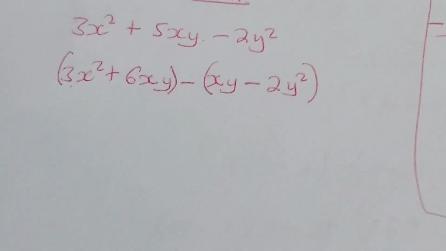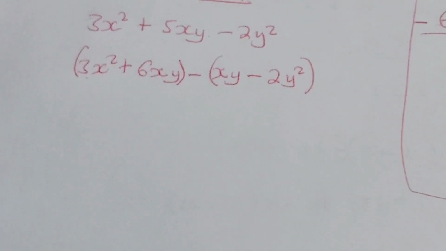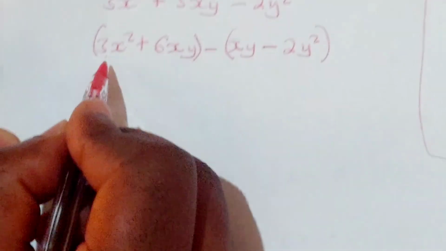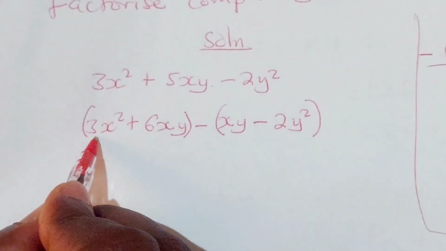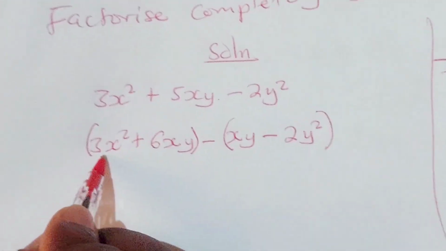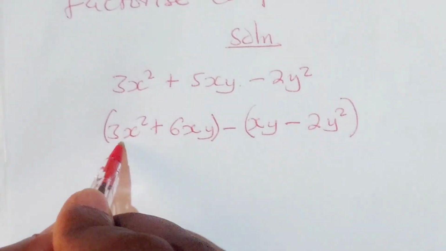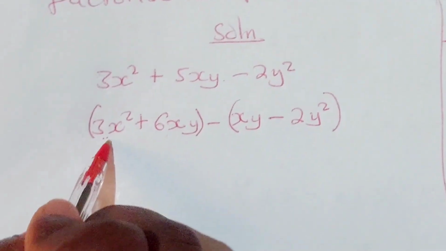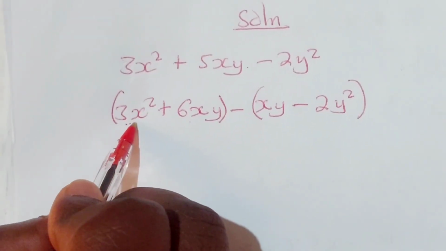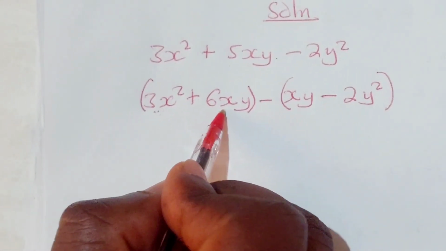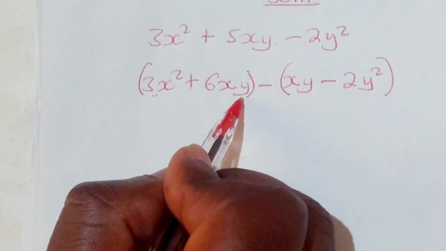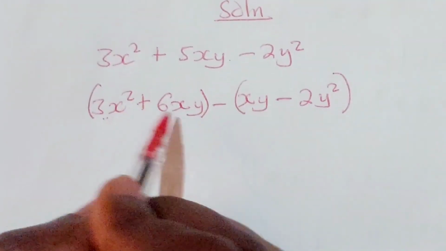When we say factorize, it simply means find the factors. So here we check what the factors are. You will notice that 3 can go here and 3 can also go here, and x is also common, x is available here and x is available here. The only part which is not common is y. This variable y is not common to both parts.